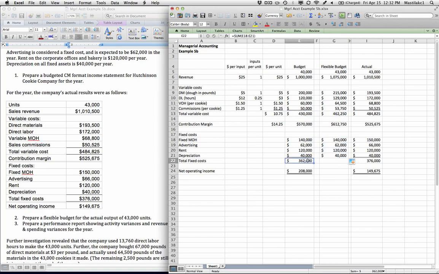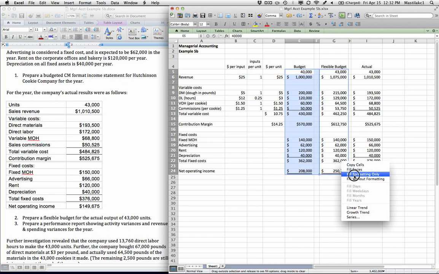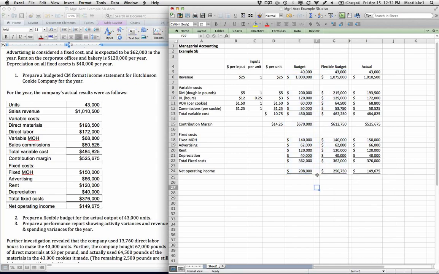Now, of course, our fixed costs are simply going to be the same as they are at our planning budget of 40,000. Oops, didn't want that to happen. Why is my double click not working? Fill form, there we go. Our fixed costs are going to stay the same because the additional 3,000 units we sell should not affect fixed costs because they're fixed.